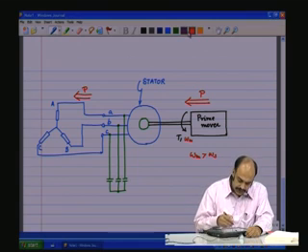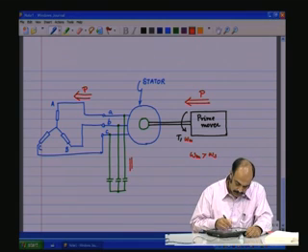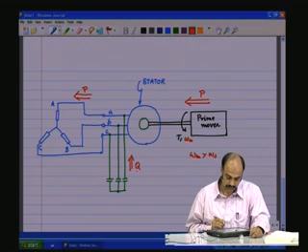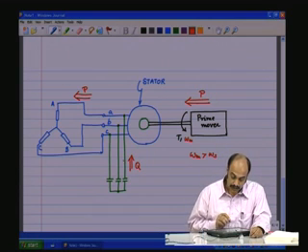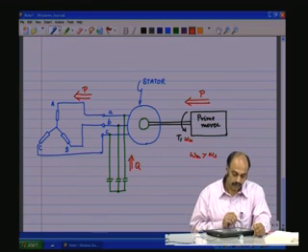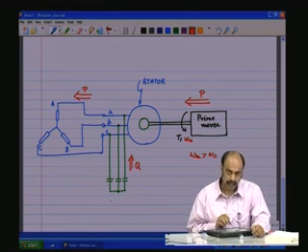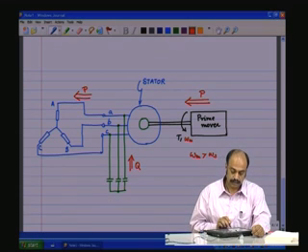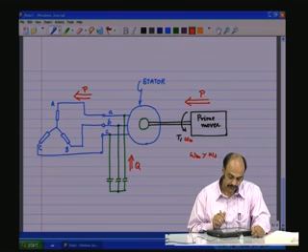So the reactive energy will be stored and supplied by the capacitance, so the Q. So if an induction motor is to supply a standalone load, in such conditions you have to put capacitors like this to supply the reactive energy.